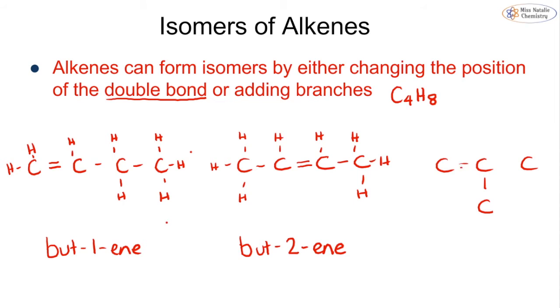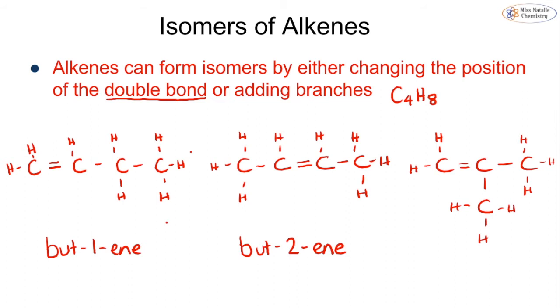So we're going to put it between the first 2, and then I have my single bond. And then I add in my hydrogens, making sure that each only has 4 bonds. So I've got 1, 2, 3, 4, 5, 6, 7, 8. Again, C4H8, but we know that this is something different because it looks completely different.